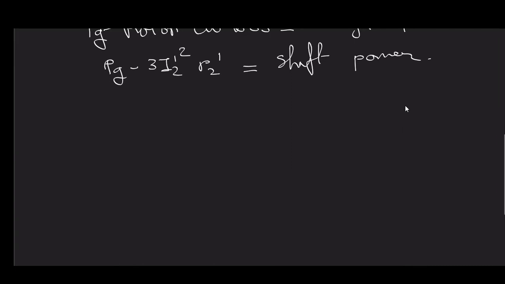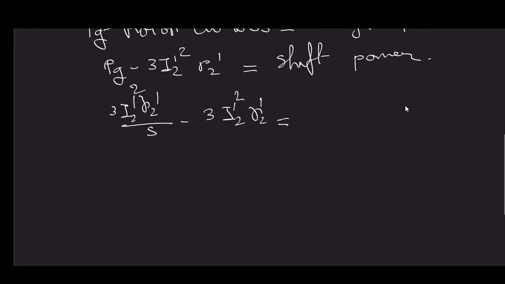Now there is another thing that we should not forget, that this shaft power can be written like this: 3I2' square R2' by S minus 3I2' square R2'.